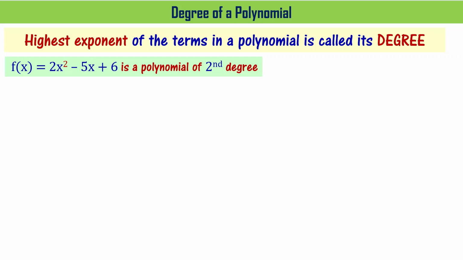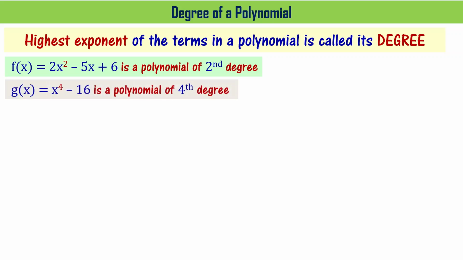X square. So that is the reason this particular polynomial is of degree 2. Please take a note of this. G of x equal to x power 4 minus 16 is a polynomial of fourth degree.